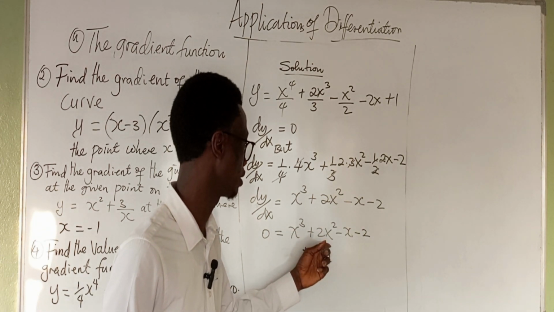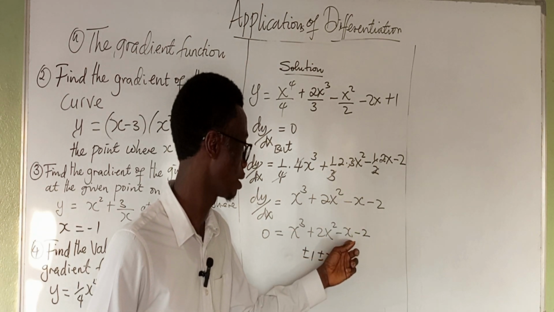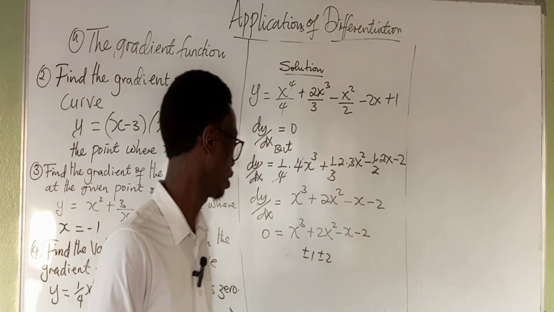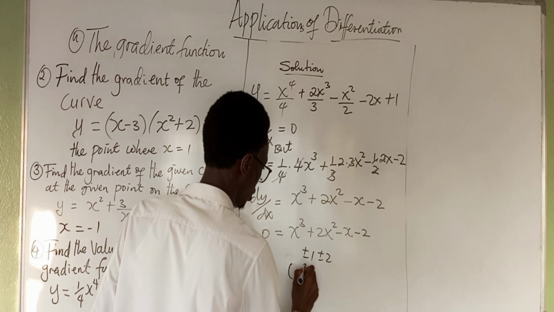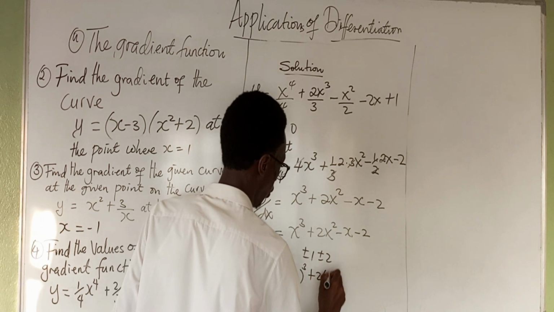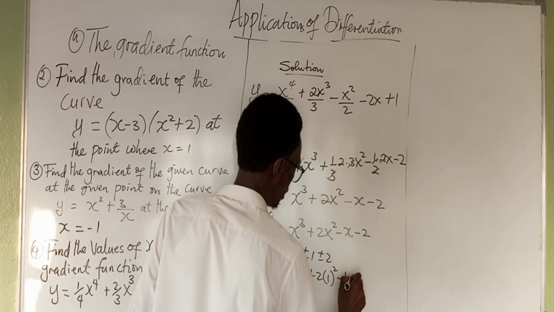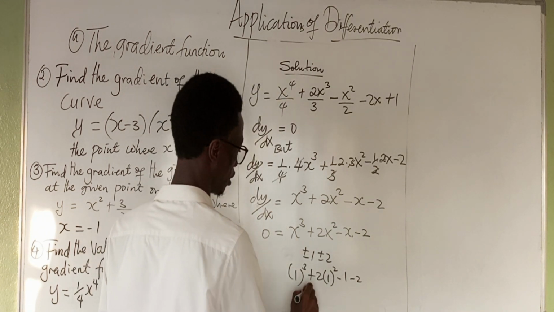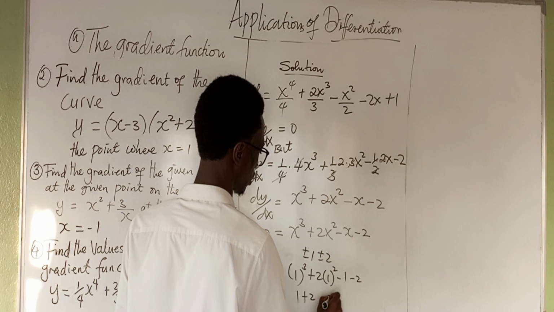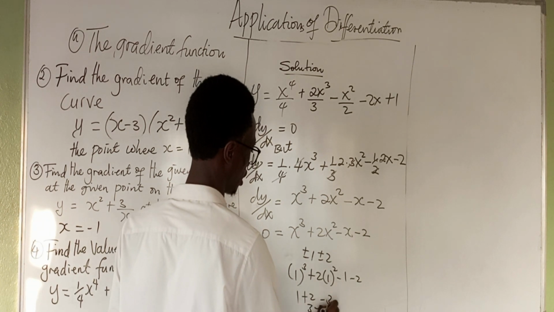So this is 1 cubed plus 2 into 1 squared minus 1 minus 2. This gives you 1 plus 2, that gives you 3. So 3 minus 3, which is 0.